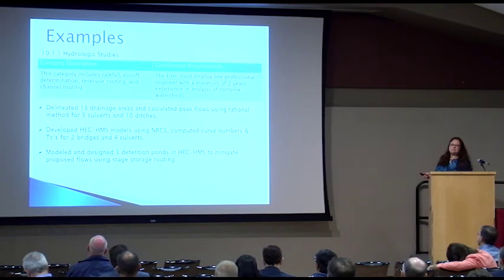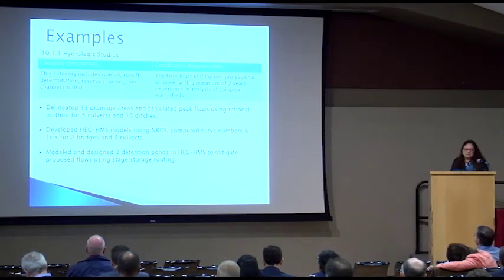I just want to go through some of the examples, real quick. For 10.1.1 hydrologic studies, this includes rainfall, runoff determination, and channel routing. And the first example, what did the applicant do? They delineated 15 drainage areas and calculated peak flows.